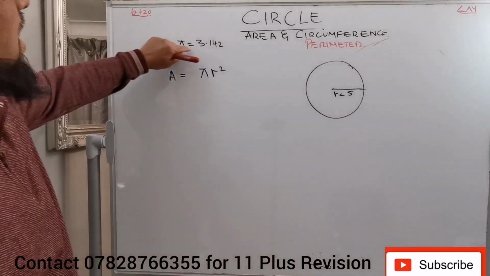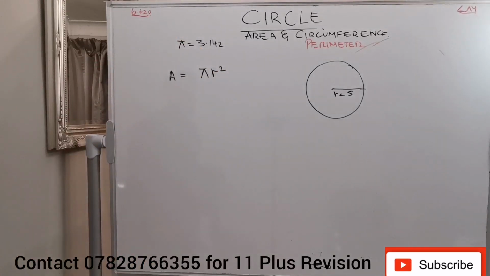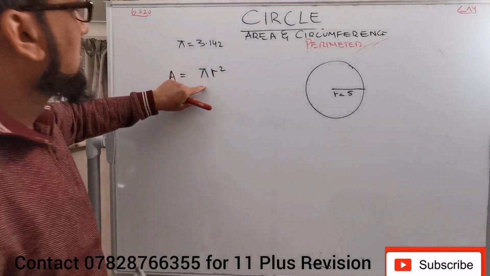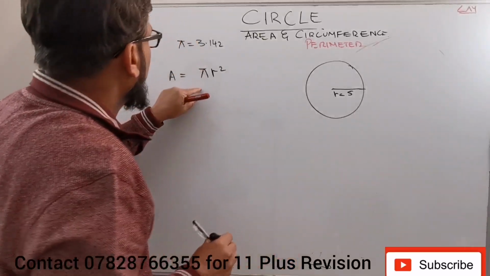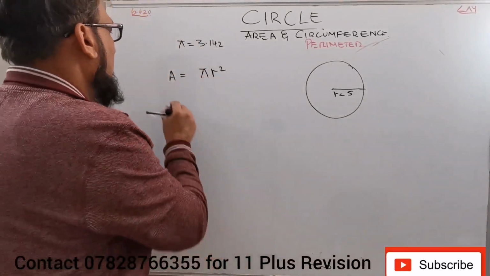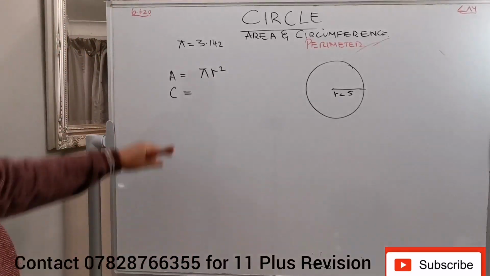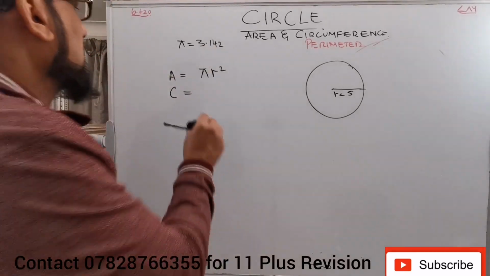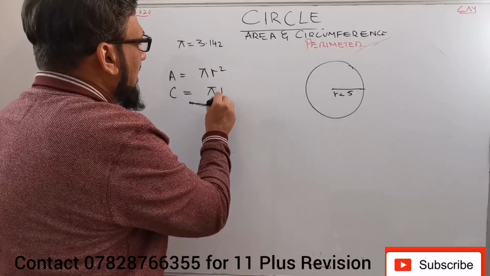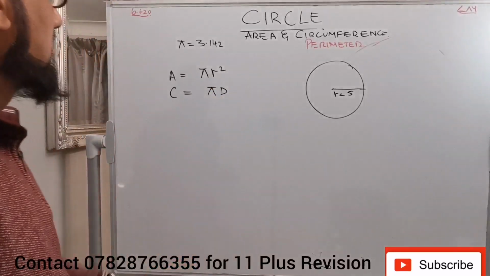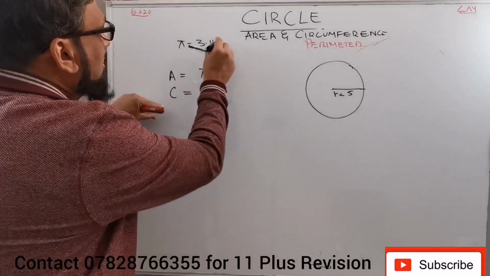The formula for the area of a circle is pi r square, and the circumference of a circle is pi d.